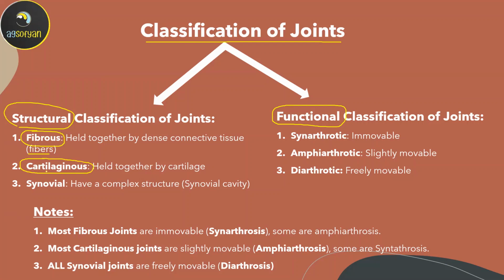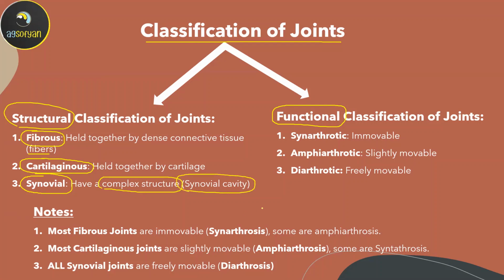The name is also telling you there is a cartilage that joins one bone with another bone. And the last one is called the synovial joint. This is the regular joint that we know, which has a very complex structure, and they usually have what we call the synovial cavity.